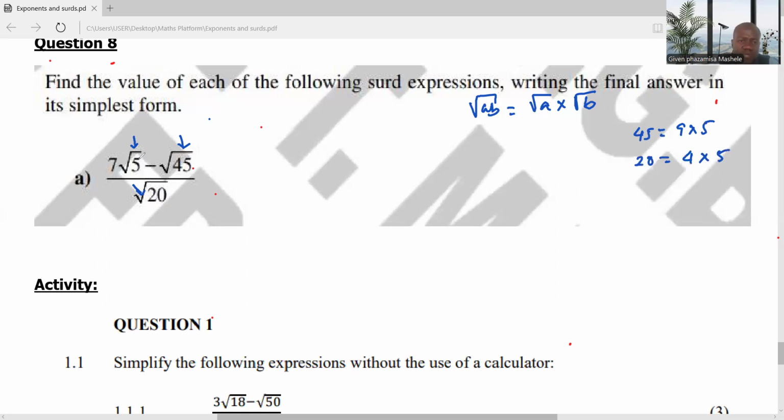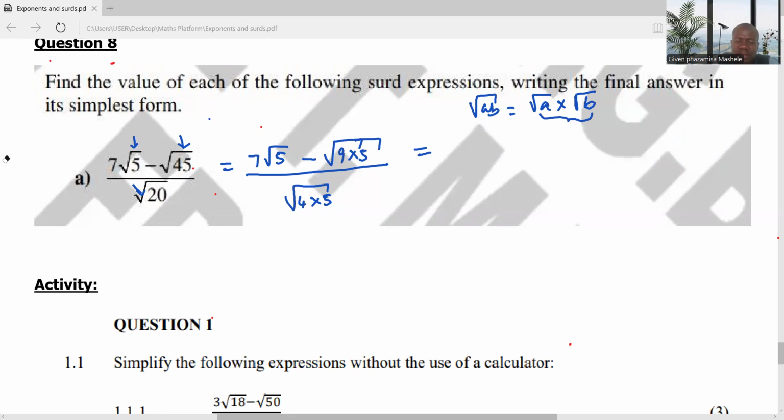So to simplify this, we have 7 root 5, we leave this, minus, we expand 45 to have 5 inside. So it's 9 times 5, because 9 times 5 is 45. Divided by the root of 20. 20 is the same as 4 times 5. And we know that since the root of a times b is the same as the root of a times the root of b, we can still expand this.